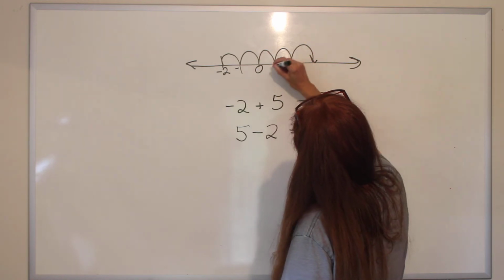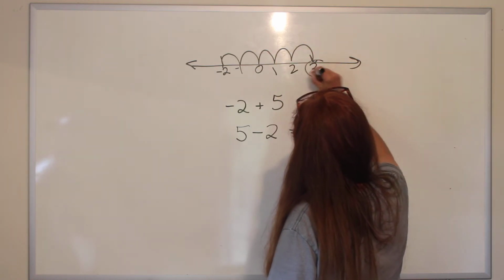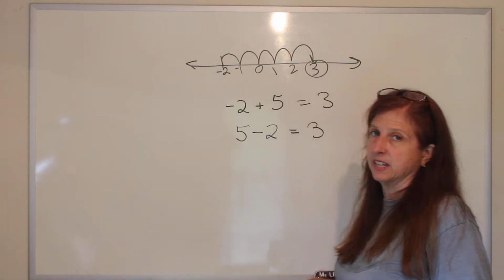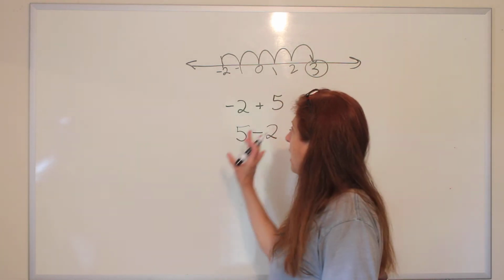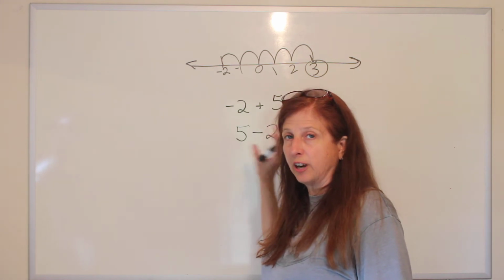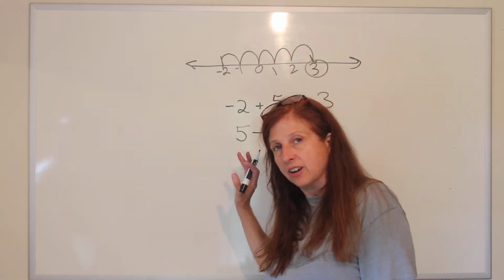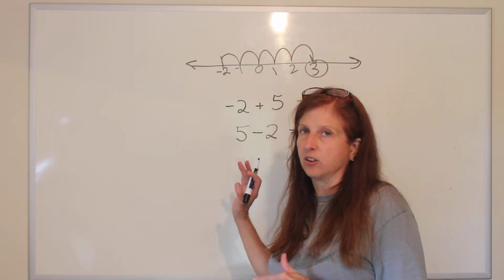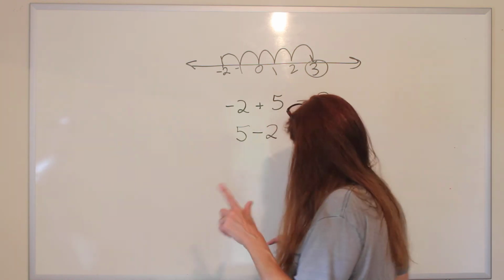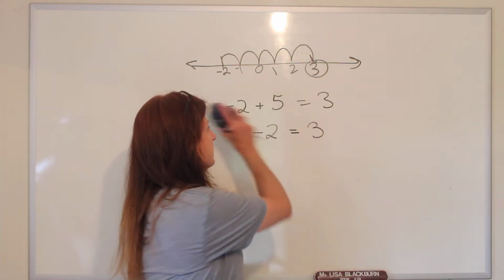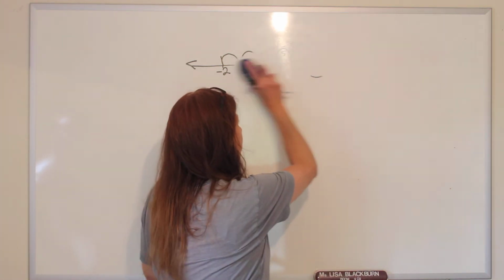This is 0, 1, 2, 3. The answer is 3. The other thing is, if you're having a hard time with this, do it in your head, and then do it on your calculator, and check yourself on your calculator. That might help, having that input of pushing the calculator buttons, of it making more sense in your head.